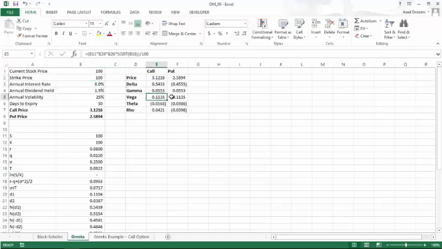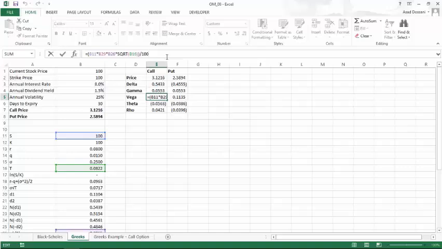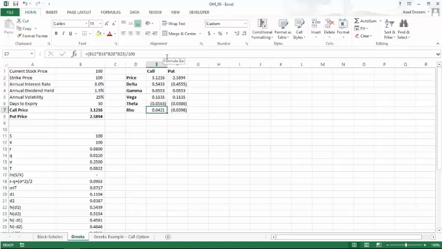Okay, next we have vega. So vega, as I said, refers to what happens to the price as the volatility changes. And again, you'll notice that this is divided by 100. Okay, and like with rho, the reason we're doing this is because we want to look at a 1 percentage point change in the volatility, right? So we're looking at the volatility going from 25 to 26%.